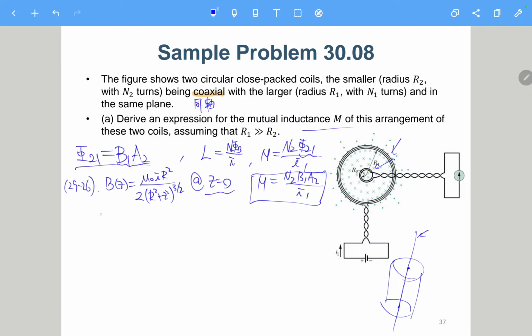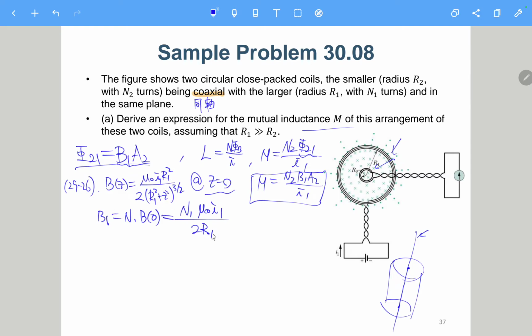So finally we will get B1 is something like N1 times B0, which is N1 times mu 0 I1 and over 2R1. So here we should have I1, R1, R1, and then C equal to 0.